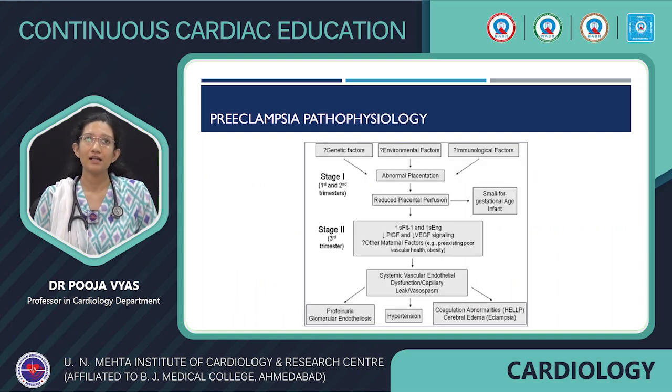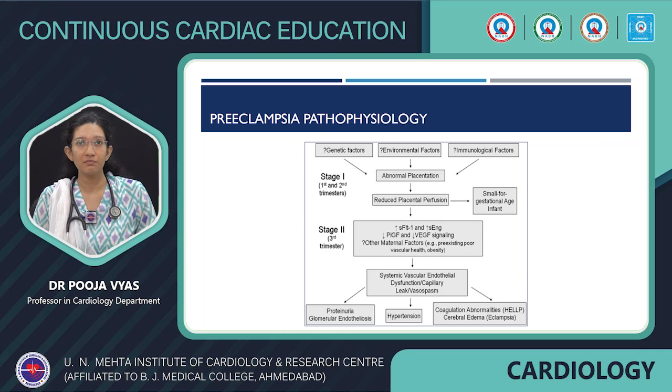The pathophysiology of preeclampsia: in the first and second trimester, due to genetic, environmental, or immunological factors, there is abnormal placentation. This abnormal placentation leads to reduced placental perfusion, and this reduced placental perfusion will lead to hormonal imbalance and disturbance in the growth factors, and these growth factors will lead to systemic vascular endothelial dysfunction.